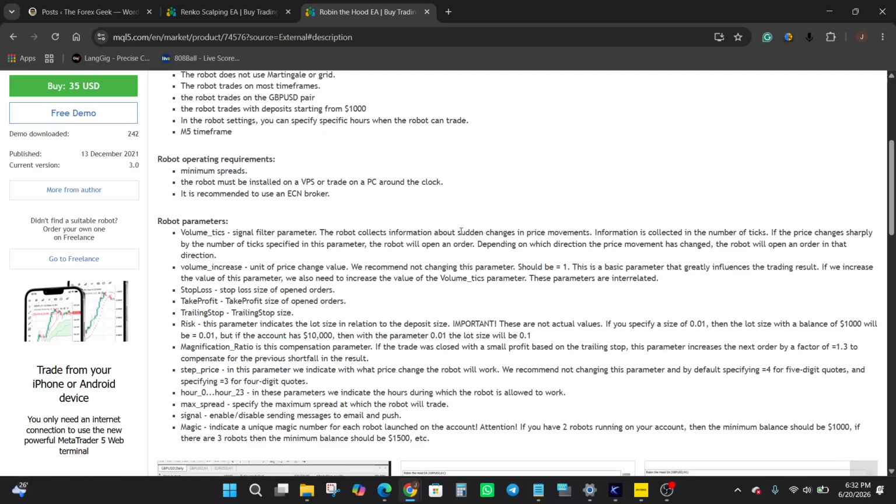These include maintaining low spreads, using an ECN broker when possible, and running the EA continuously, either on a VPS or on a computer that remains online around the clock.